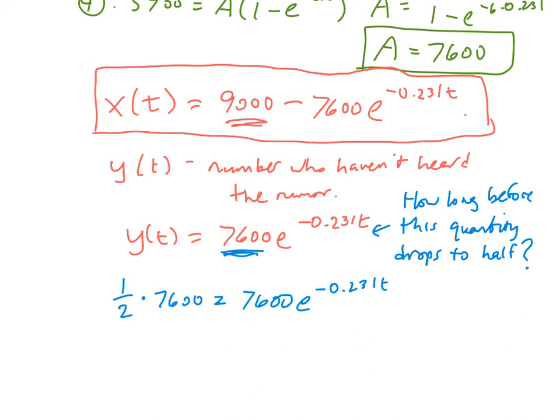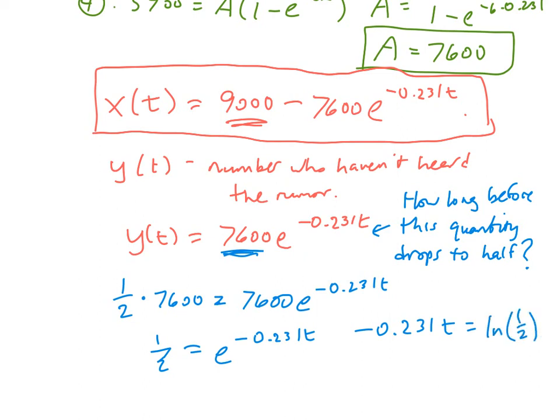So to find out, we need to figure out when it is that e to the negative 0.231t is equal to 1/2. You may have done this problem before in Algebra 2 if you had a really good unit on exponential functions. This means that negative 0.231t should equal the natural log of 1/2.